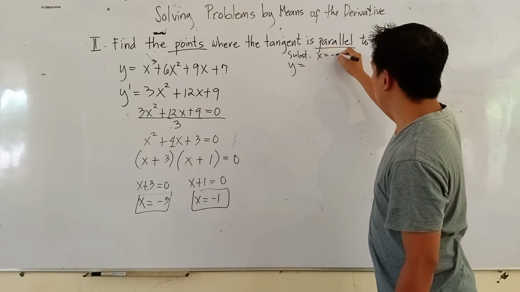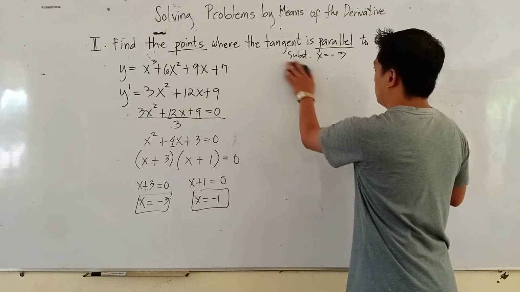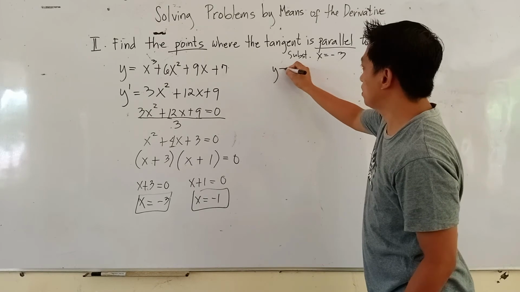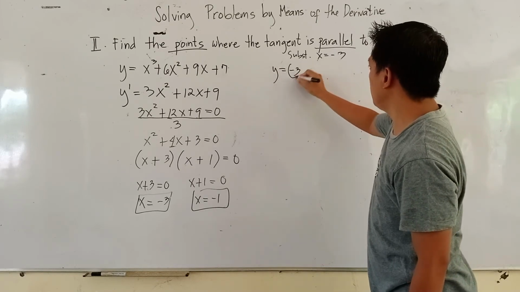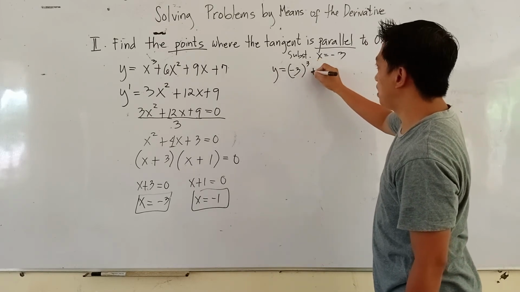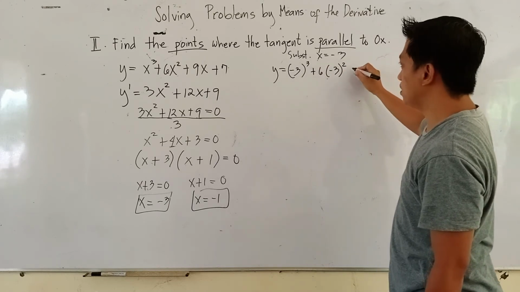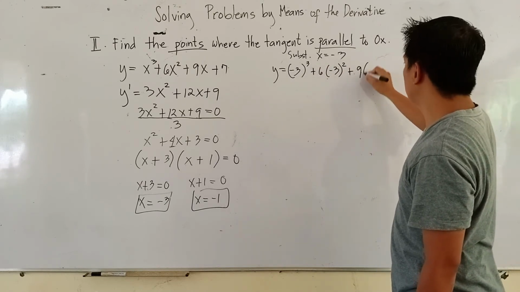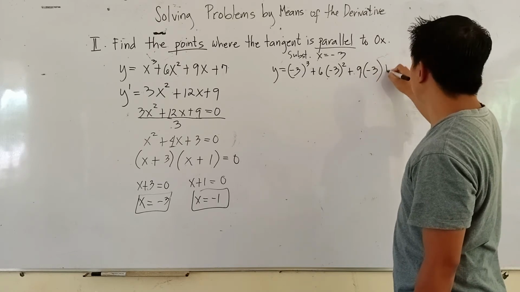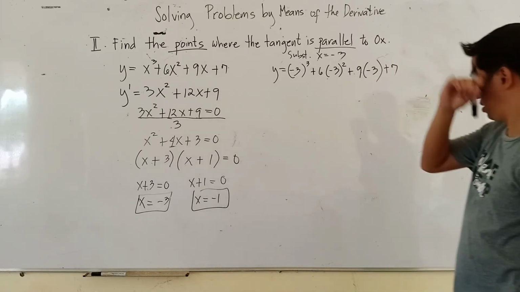first x equals negative 3. So this is y equals negative 3 cubed plus 6 times negative 3 squared plus 9 times negative 3 plus 7.